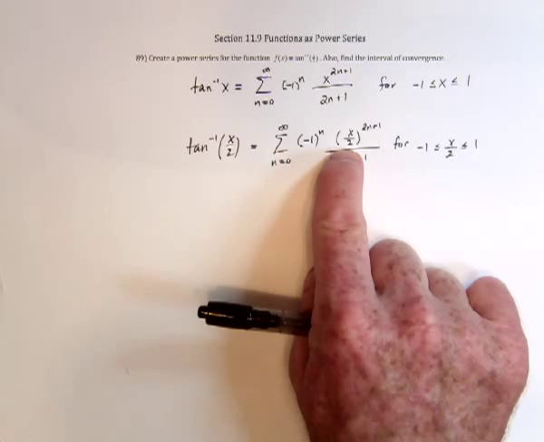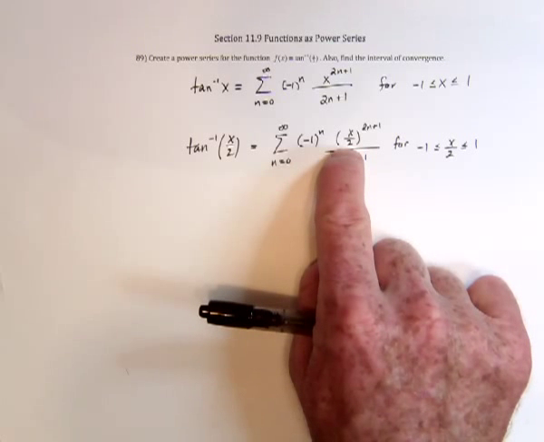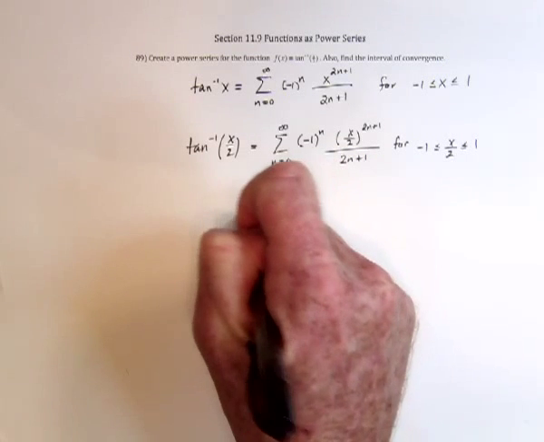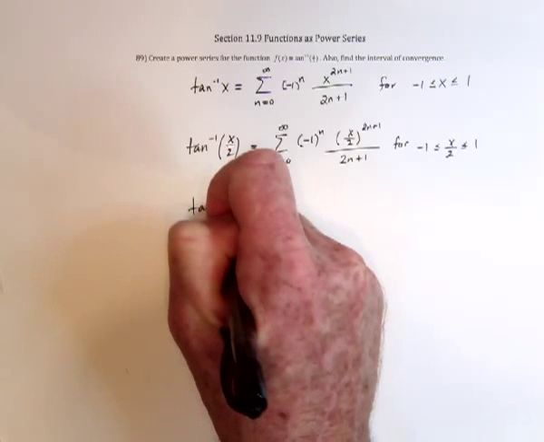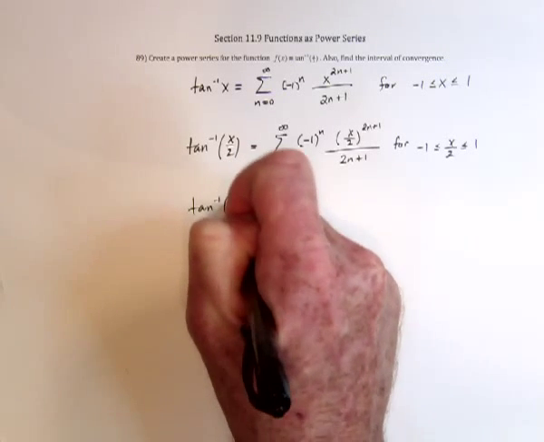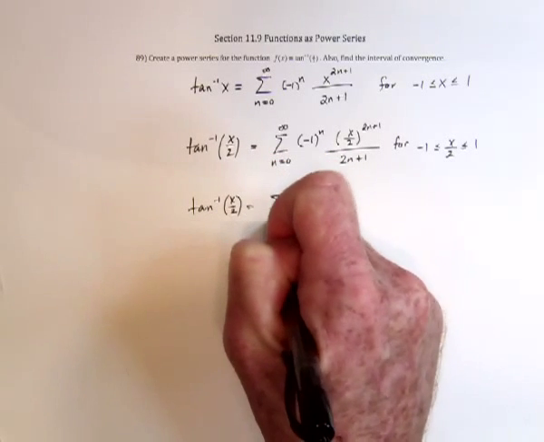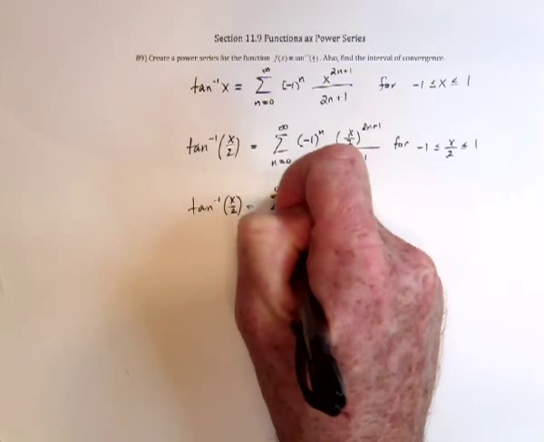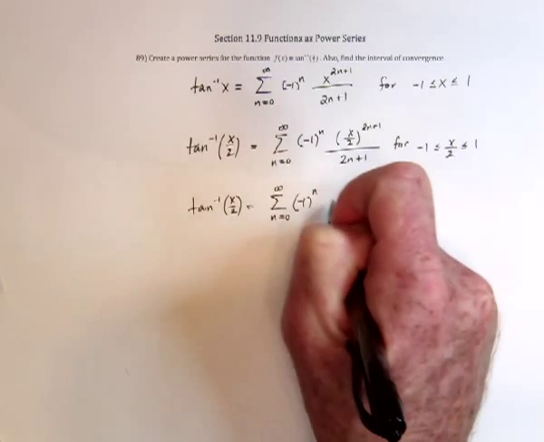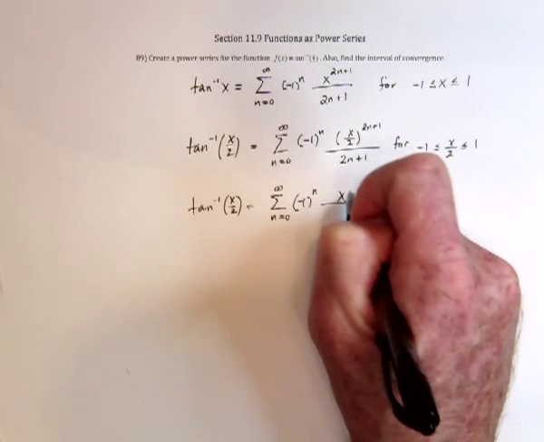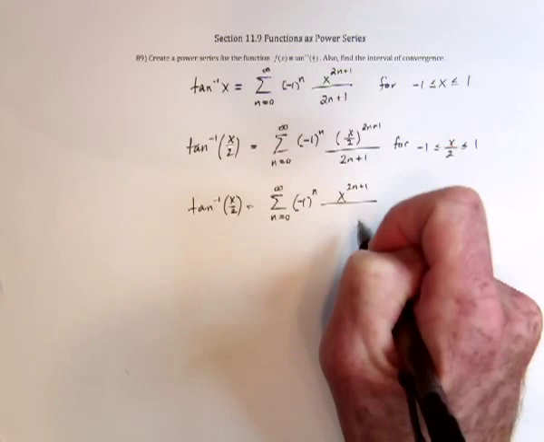So this is the 2 is going to be raised to 2n plus 1, and it's going to be in the denominator. So we could clean this up a little bit. It's going to be this series with x to the 2n plus 1 on top.